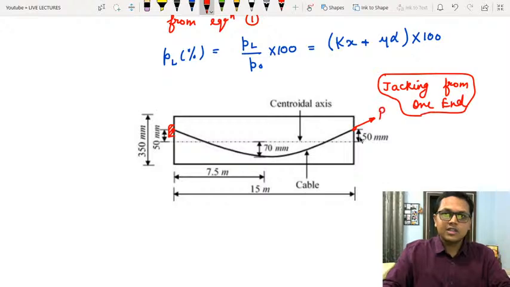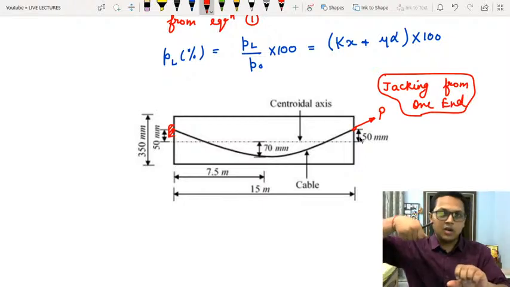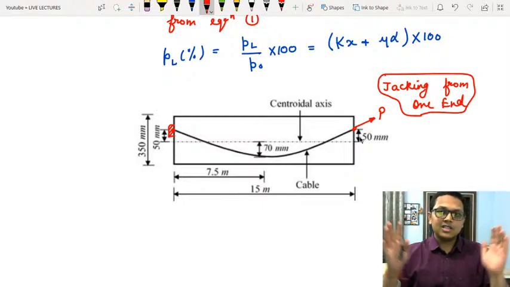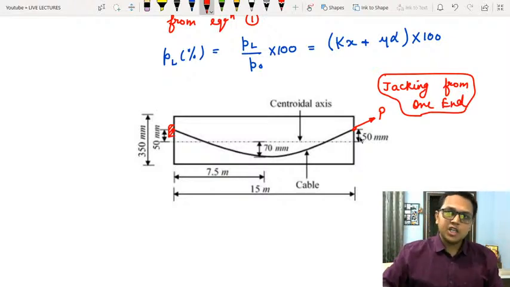So a load P is applied from the other end, and the bar is pulled out so that the concrete section gets under pre-stressing force. Now when this bar is pulled out, there is a friction force along the length of the cable, like this.